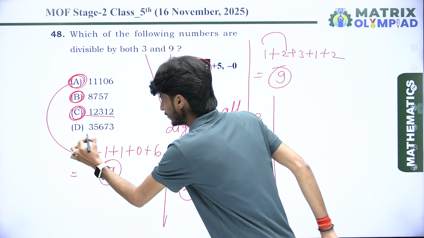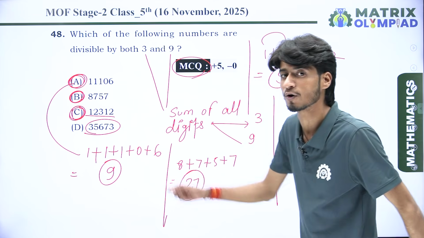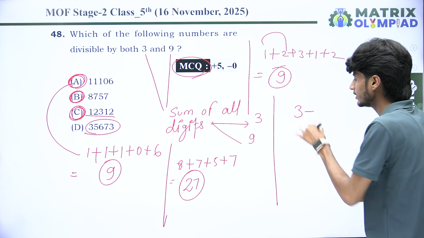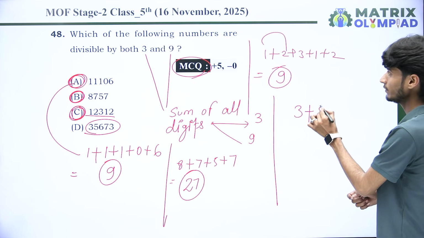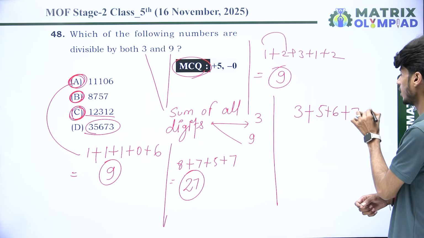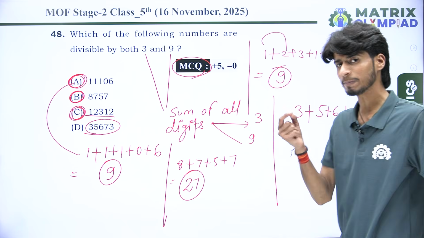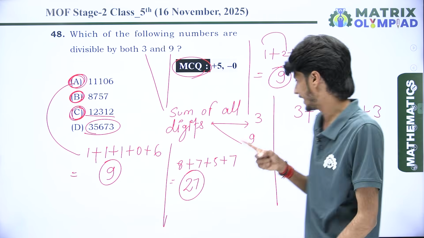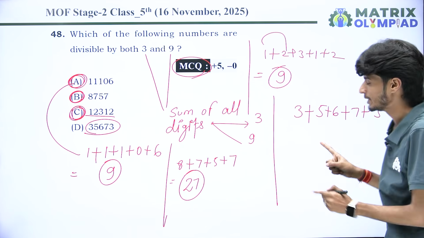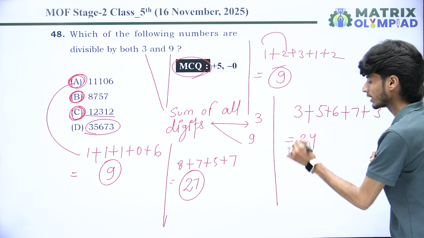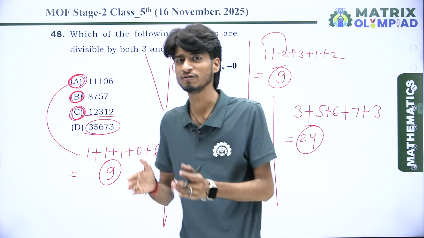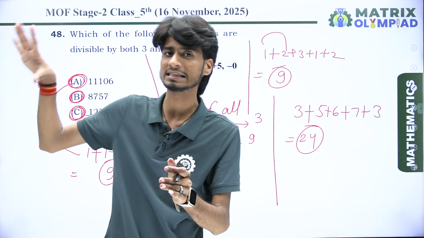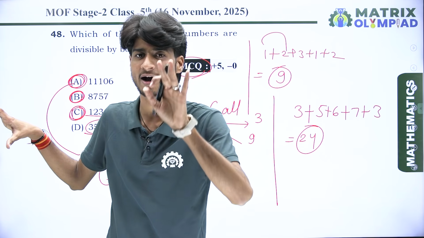Let's see. Whenever we add all those digits of option D, we are having 3, 5, 6, 7 and 3. Let's add 3 plus 5, 8. 8 plus 6 is equal to 14. 14 plus 7, 21. 21 and 3, 24. And dear student, 24 is properly divisible by 3, but not divisible by 9.